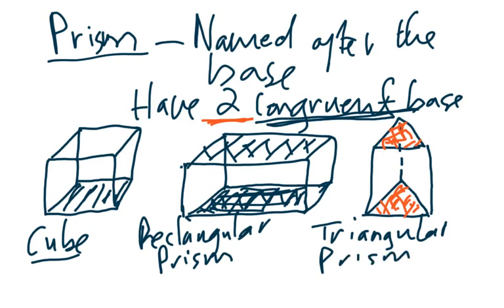So you'd see that the names of the prisms are based on the bases that define them. A rectangular prism has a rectangular base, a triangular prism has a triangular base.